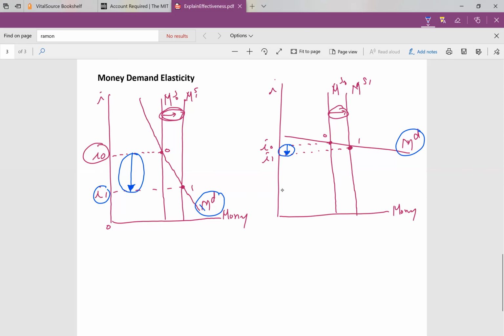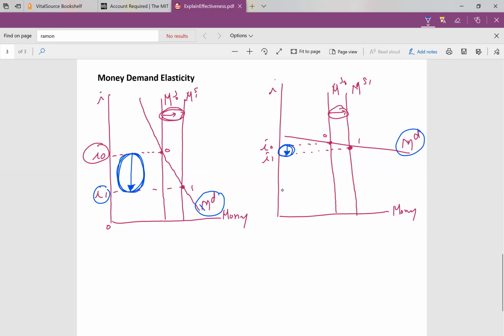Why? Because depending on the elasticity, the drop in interest rates will be either very large or very tiny.